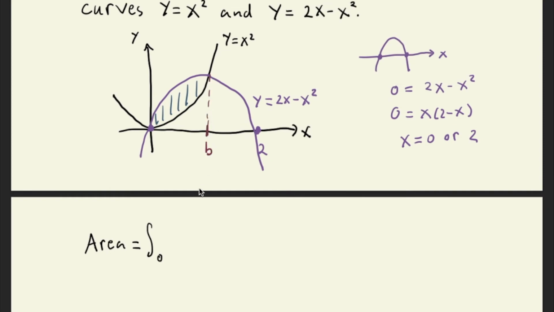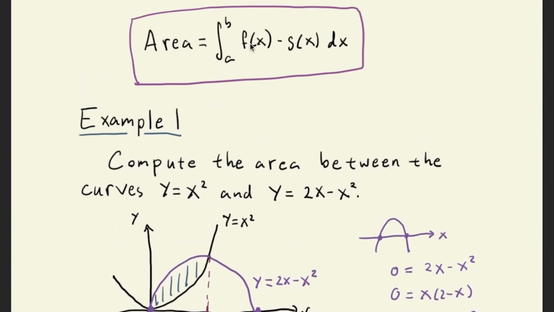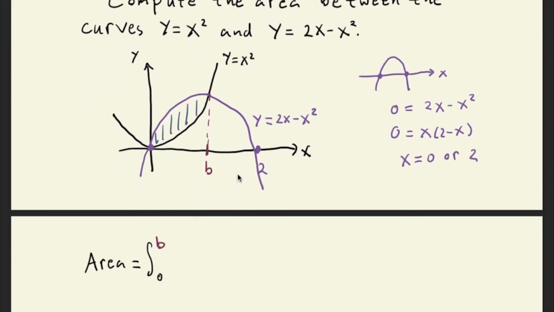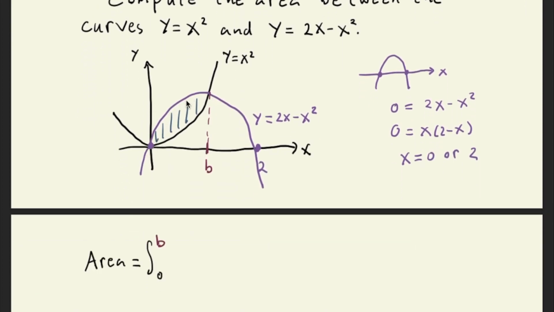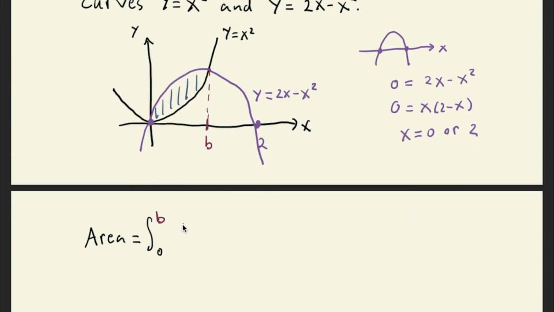I'm going to call it b, like I did before. So you integrate from 0 to b, using this formula, f of x minus g of x, where f of x is the function on the top. In this picture, the graph on the top is this purple graph, 2x minus x squared, minus the formula for the graph on the bottom, which is just x squared dx.